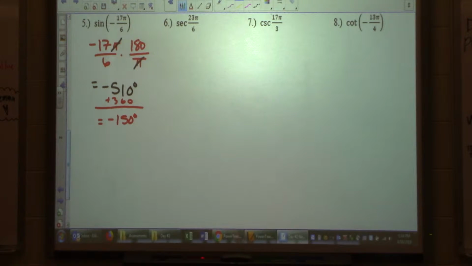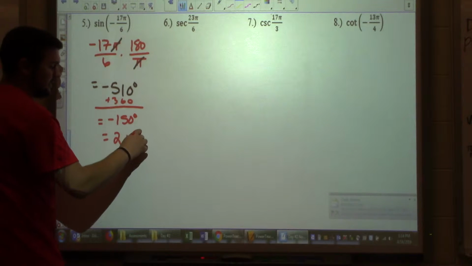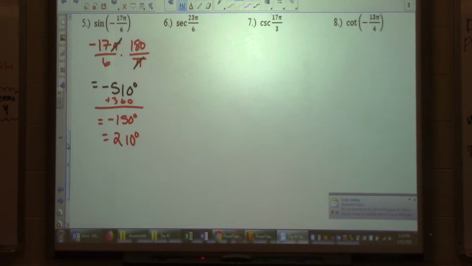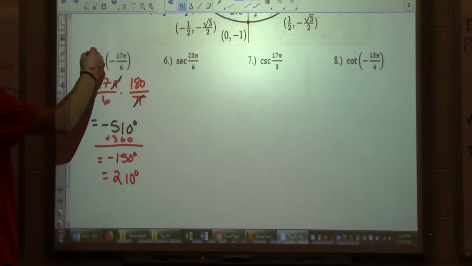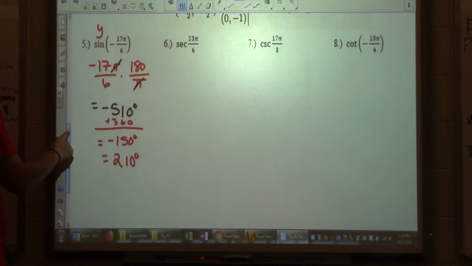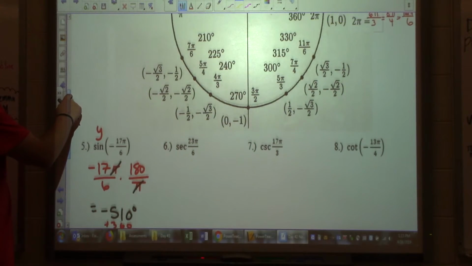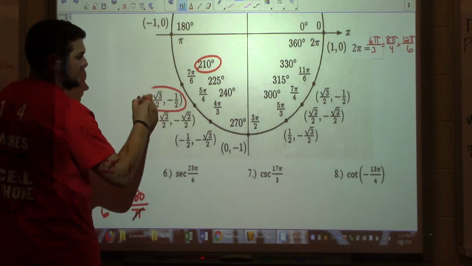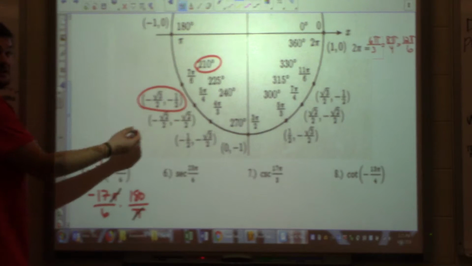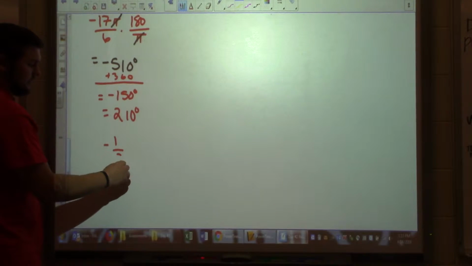I don't know about you, but that's what I like to use. So negative 150 degrees is the same as positive 210 degrees. So I'm looking for the sine, which is y. I'm looking for the y value at 210 degrees. In this case, it's negative 1/2. So that would be my answer, negative 1/2.